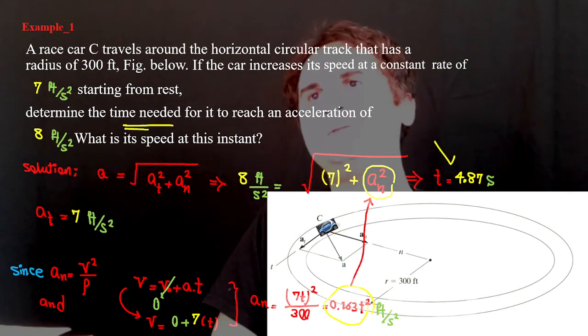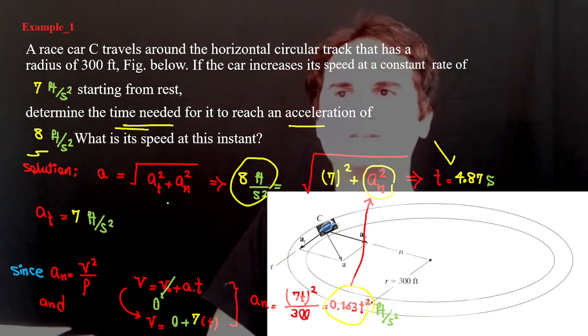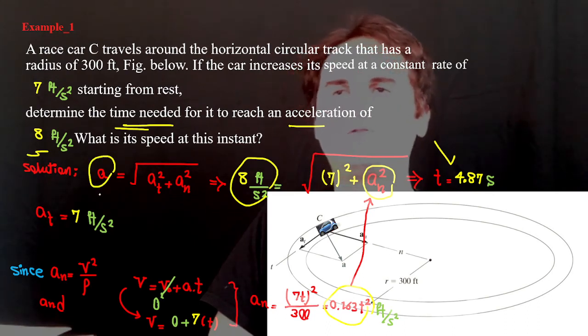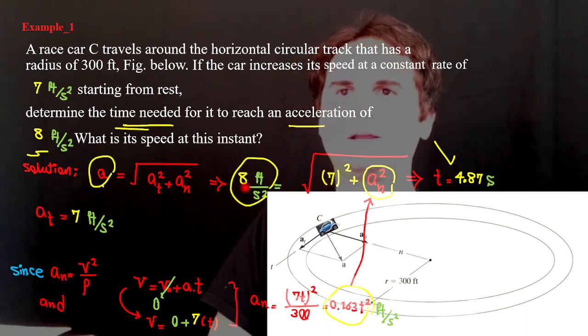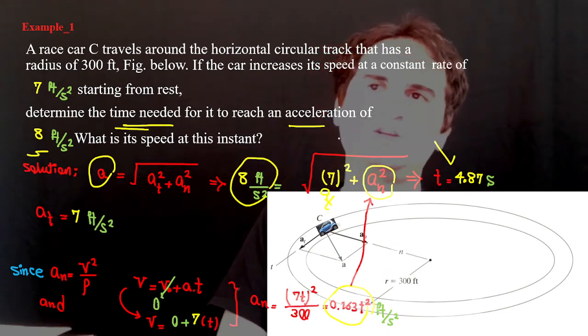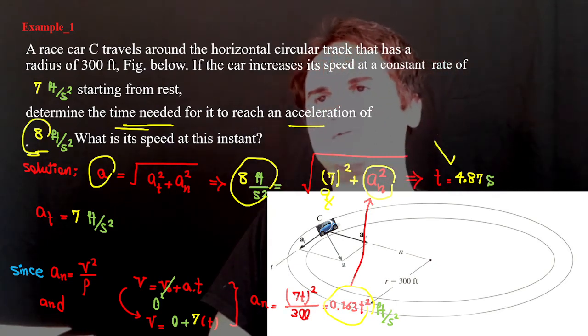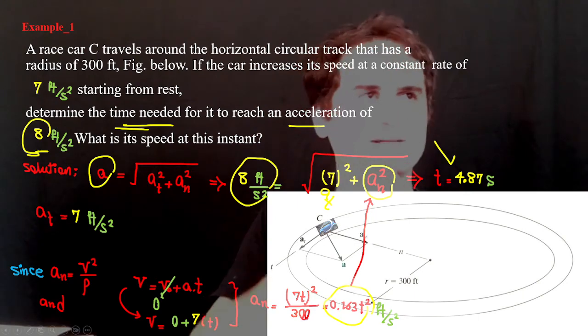What is the time needed to reach an acceleration of 8 feet per second squared? We replace the total acceleration formula with 8 feet per second squared, and this is the at component, the an component directly comes from down here, and it says it takes almost 5 seconds to reach a total acceleration of 8 feet per second squared.